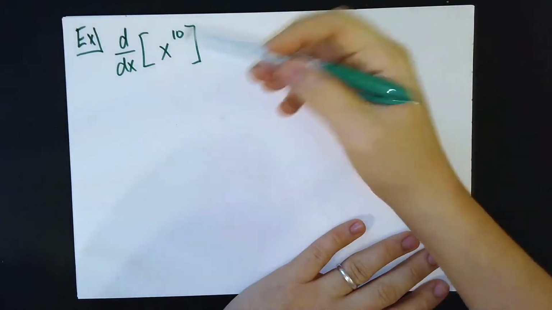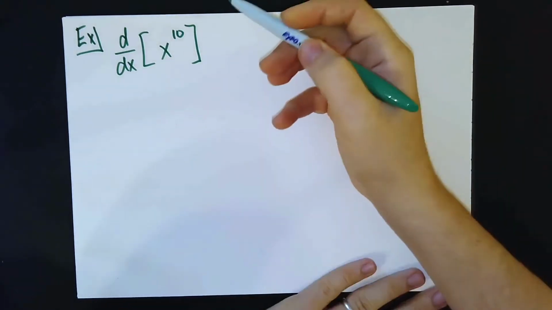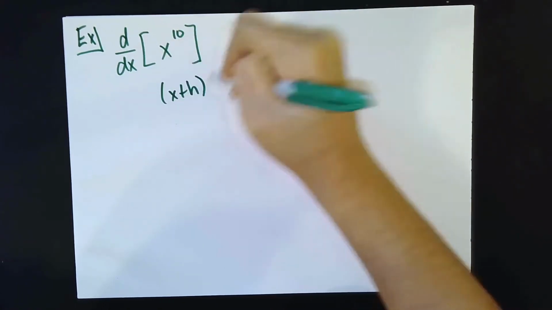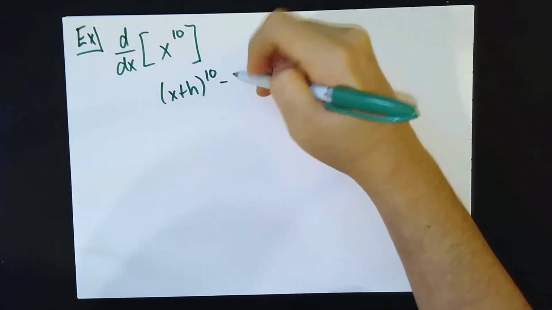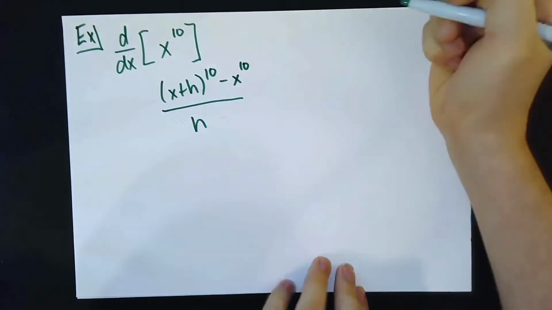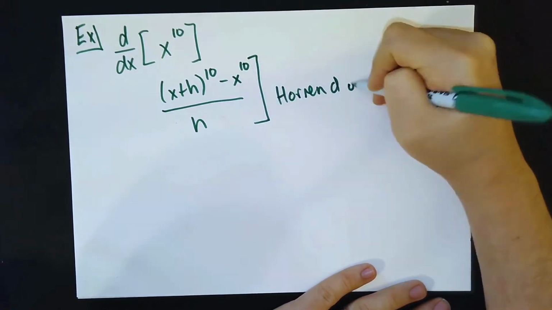You could take the derivative of x to the 10th in the way we have done before, where you would write this in as an x plus h to the 10th power minus x to the 10th divided by h, and then take a limit. But this would be a horrendous mess.